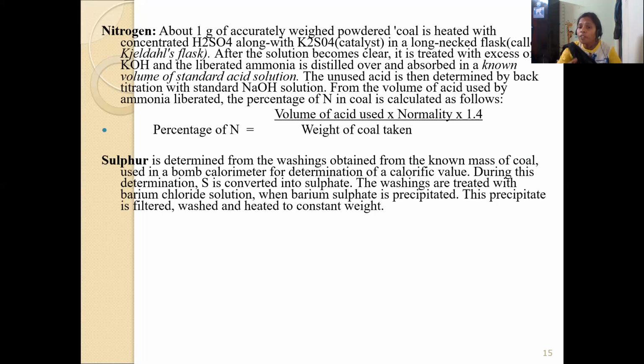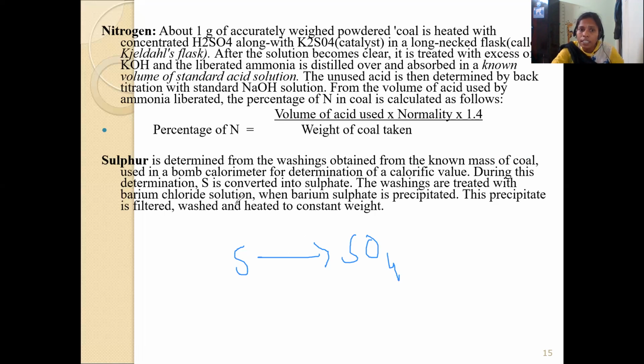That means during finding the calorific value of the coal sample, we are going to find out the percentage of sulfur. During this process, sulfur is converted into sulfate. Whatever sulfur is present in the coal sample converts to sulfate.